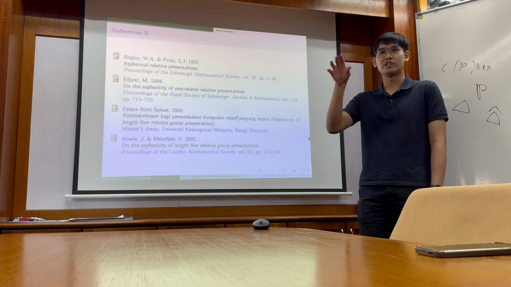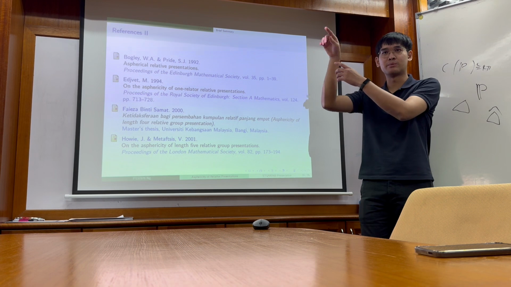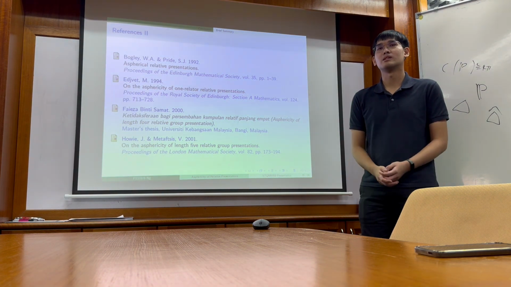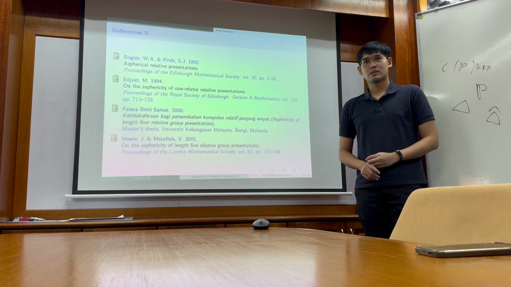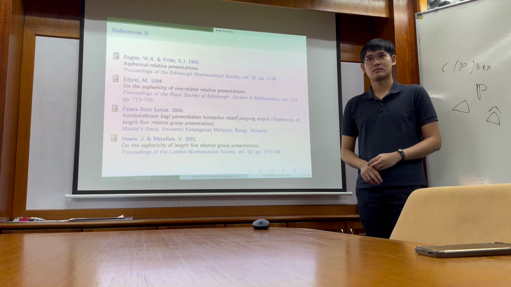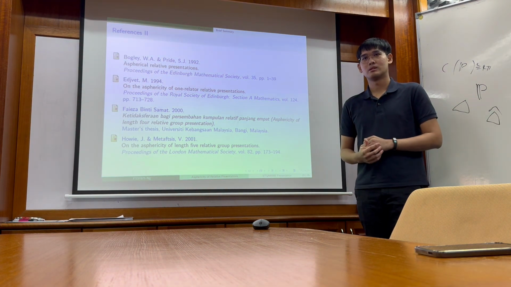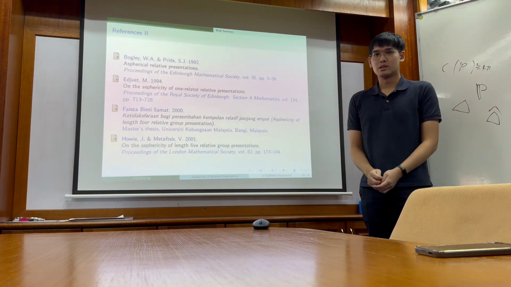Put the definition inside a paragraph in a natural way. Not a group is a set with operations, but rather, we define a group as a set with some operation. So the word define is important just to emphasize that you are defining something. Okay, I will change that.